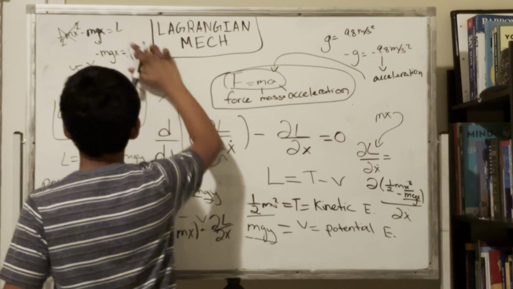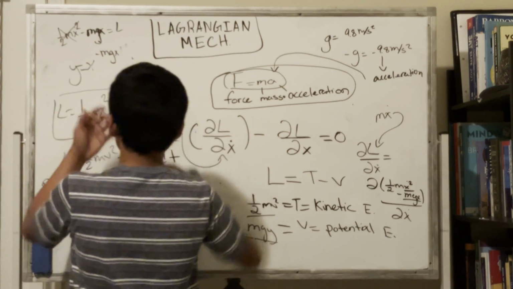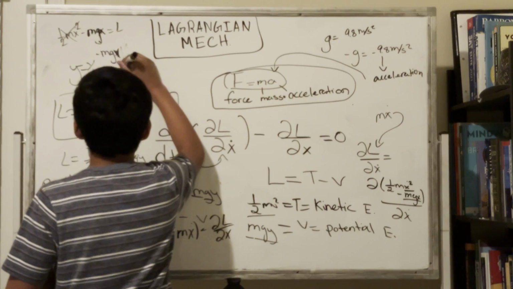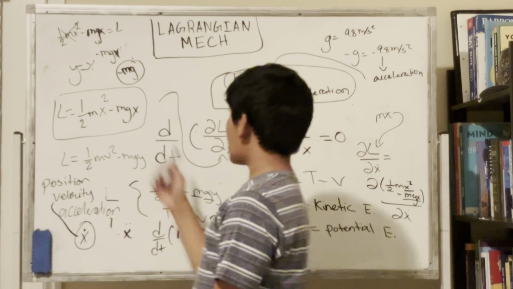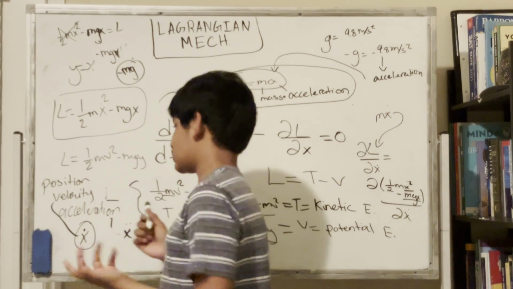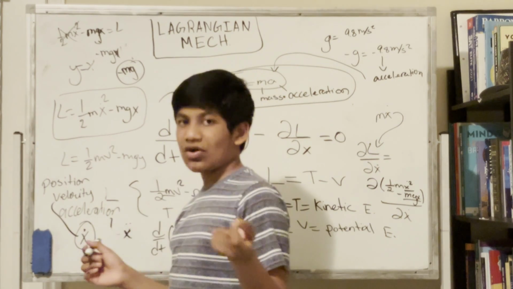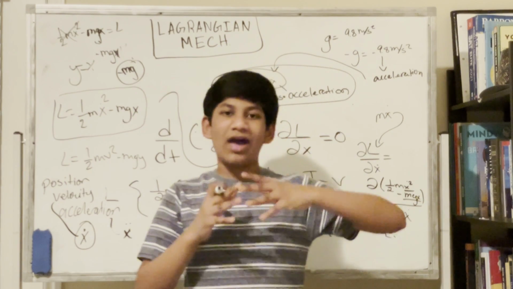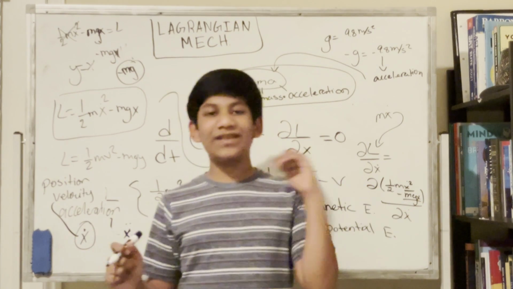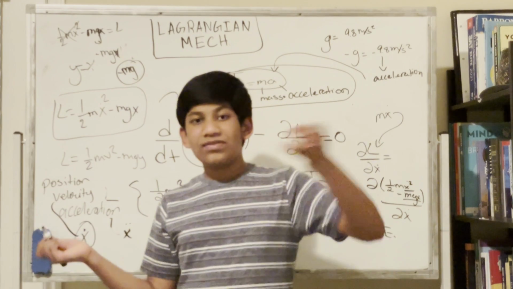So we just need to take the partial derivative of this. The x will cancel, and we'll just have minus mg, since we're treating the other variables as constants. In partial differentiation, instead of treating every variable as a variable, we treat the variables we're not differentiating with respect to as constants.